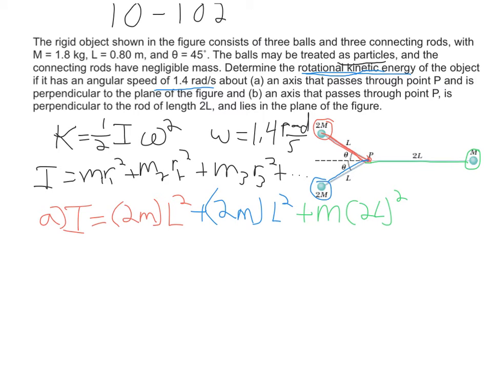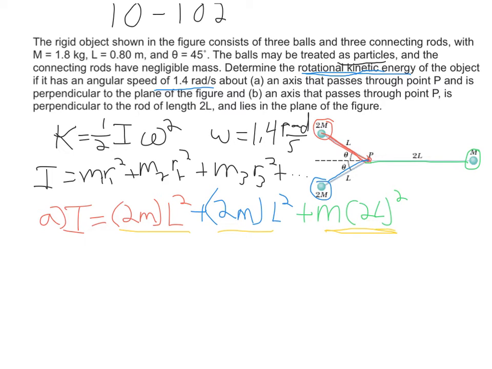And just an interesting side note: we have 2m at a distance of L, and its inertia contribution when we multiply this out will be 2mL squared. Same thing here. But over here, the single mass m is half the mass of the others but twice the distance away, and notice that its contribution to I is going to be 4mL squared.